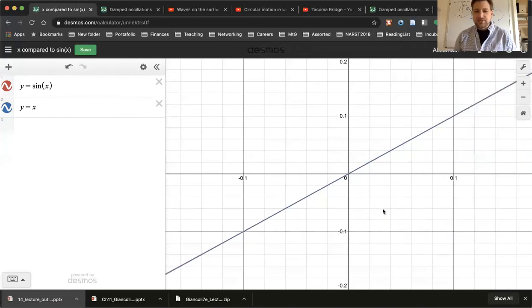These are so similar. I think as long as we're talking about radians and as long as theta stays smaller than pi over 18, then sine theta is about equal to theta.